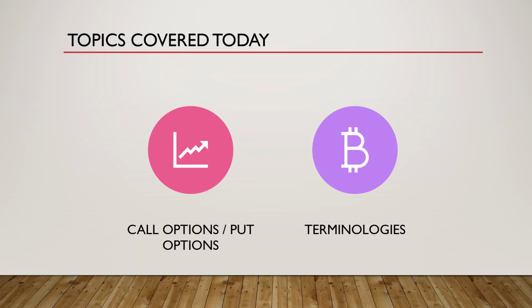So these are the surnames of the people who have developed this formula. So there were three people who were involved in this, and they won a Nobel Prize for this calculation as well. So that's a brief about options. And now getting on to our topic for today, let's get started.